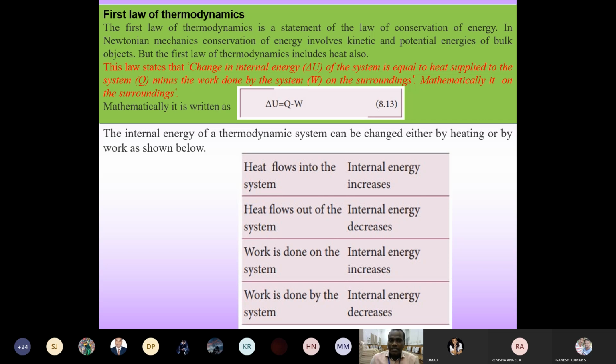So we can define this law. The law states that the change in internal energy delta U of the system is equal to the heat supplied to the system minus the work done by the system. Just to note the key points: heat supplied, also heat released, and work done by the system, also work done on the system.